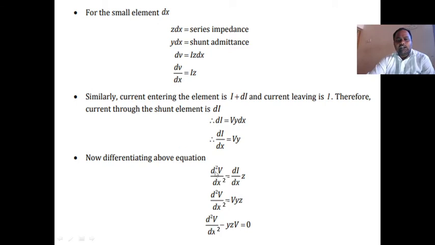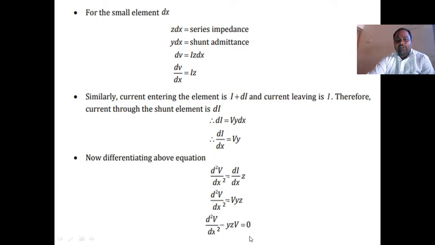Differentiate dV by dx, we get d square V by dx square is equal to dI by dx into z. But we know the dI by dx value is Vy. So d square V by dx square becomes Vy into z. So finally, what becomes this equation? d square V by dx square minus Vyz is equal to 0.